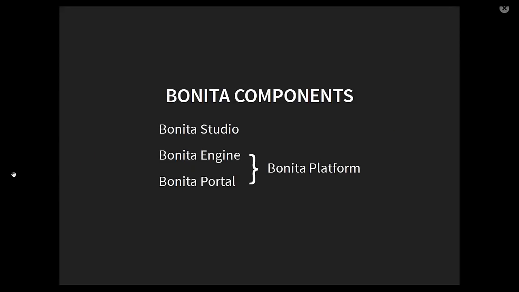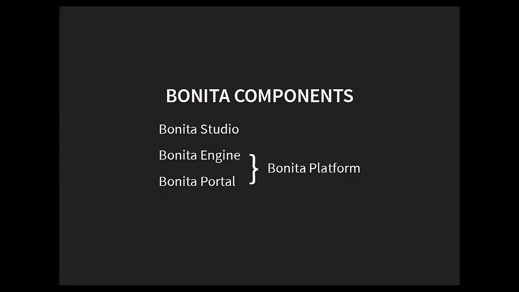About the Bonita components. What we call components are all the little pieces that the Bonita platform provides in order to build these applications. Again, we need to define, but we also need to execute. The definition will be done directly from the Bonita Studio. That's the download that you're doing and installing on your computer.